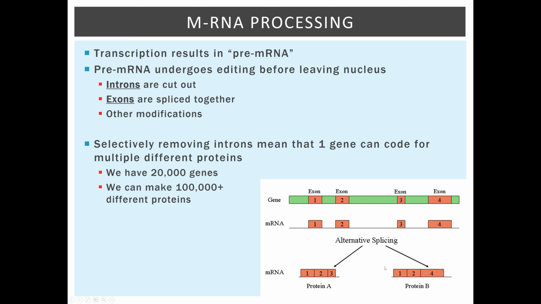And then maybe, in another situation, we make a protein out of exons 1, 2, and 4, where we cut and got rid of 3. This is why we only have 20,000 genes, but we can make over 100,000 different proteins. And the reason is you can use the instructions in a gene to make more than one protein by doing this alternate choosing of exons from within the gene.